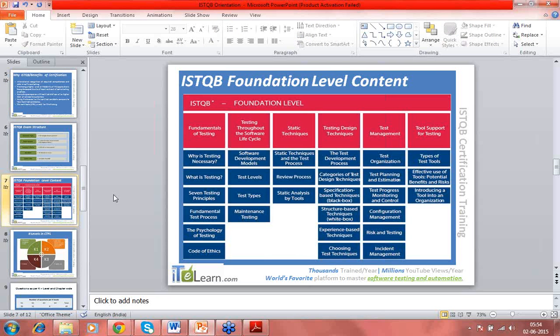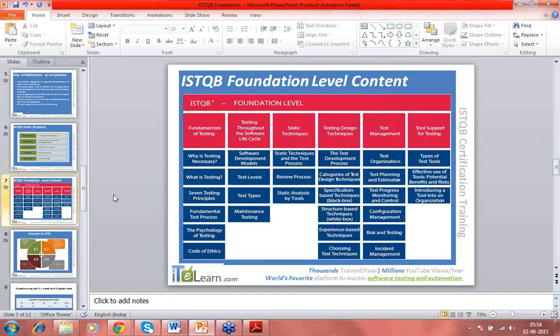Followed by that, there are test management activities, like where we manage our test cases, where we manage our bugs, and what kind of configuration tools we will be using across the organization. Followed by the tools: what types of test tools are available, which tool is effective, and how you can introduce a new tool into an organization if you're responsible at that level. Those are the things that we will be understanding in the 6 chapters.